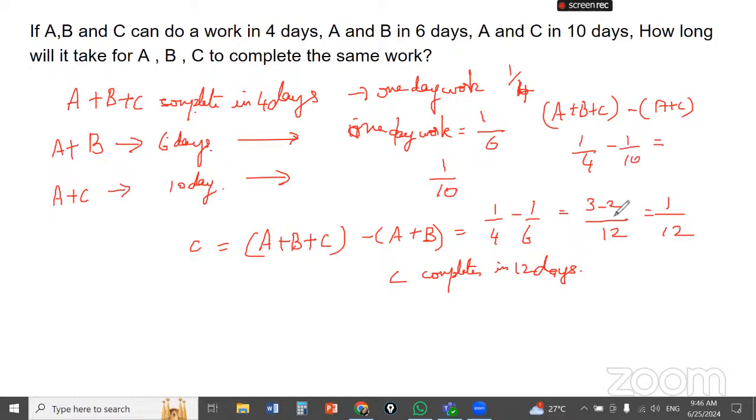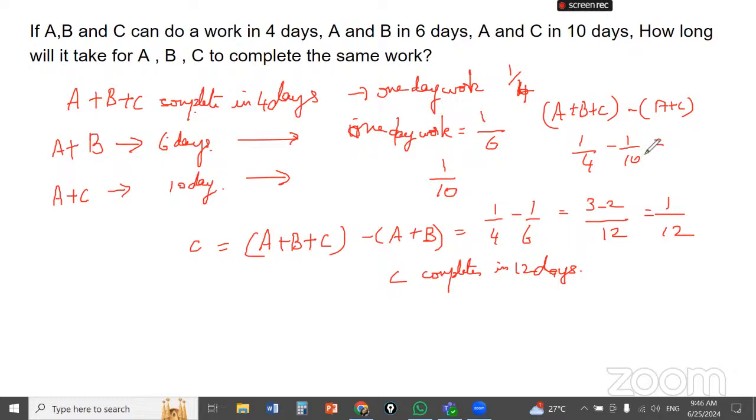So what could be the LCM for this? Yes, LCM is 40.